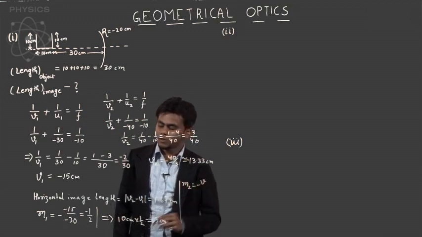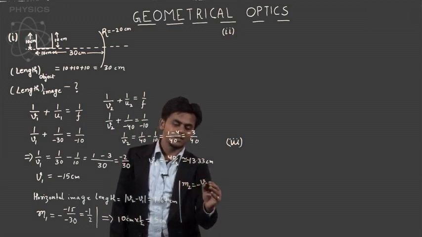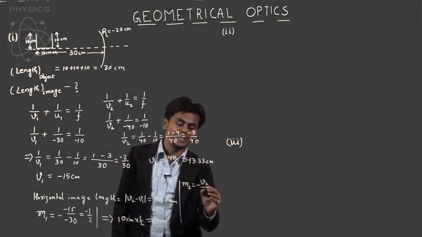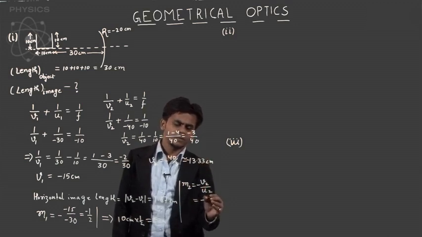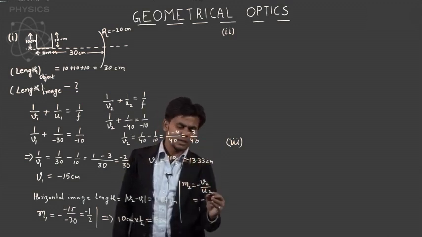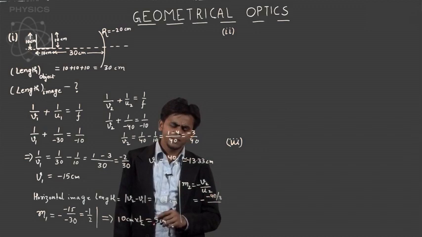Similarly, I can also calculate the magnification at this position, which would again be minus V by U, but here it is minus V2 by U2, which would be equal to minus of V2. V2 is how much? Essentially minus 40 by 3. So V2 is minus 40 by 3. What is U2?